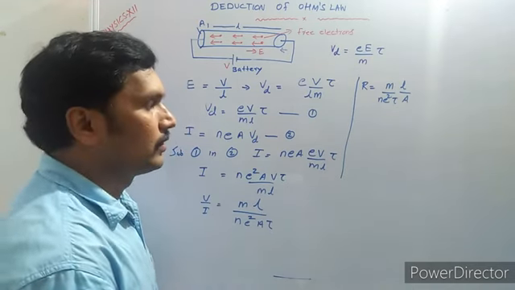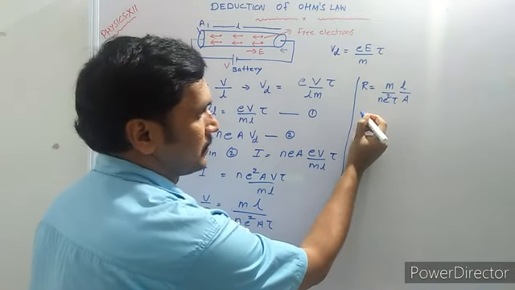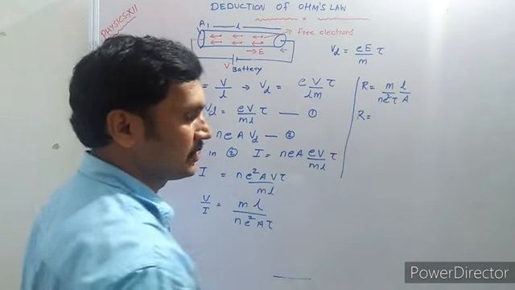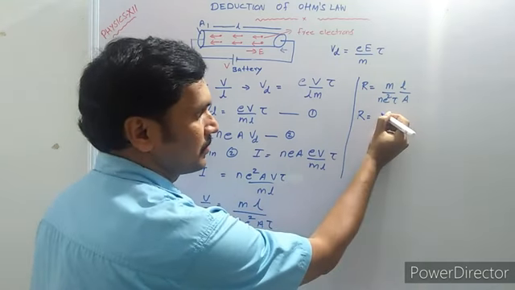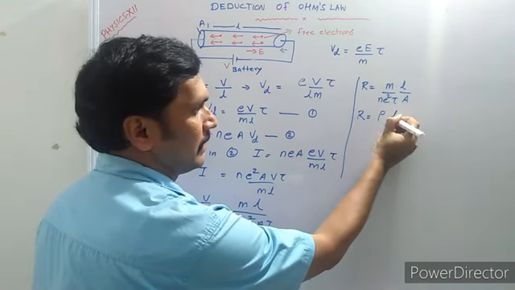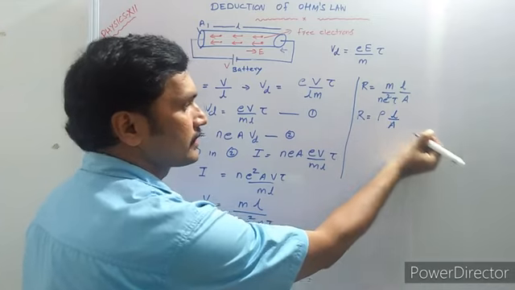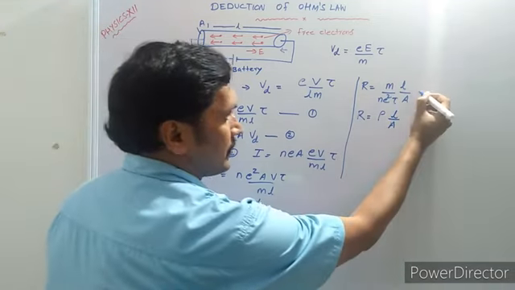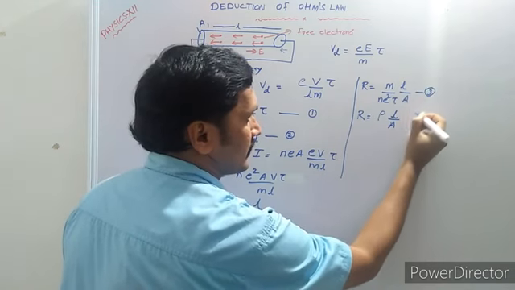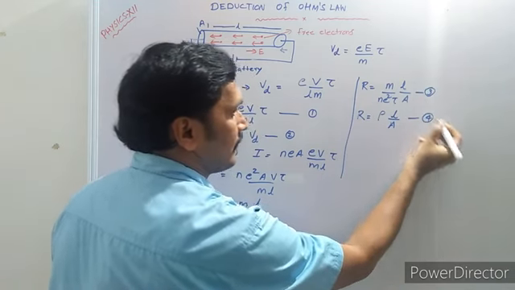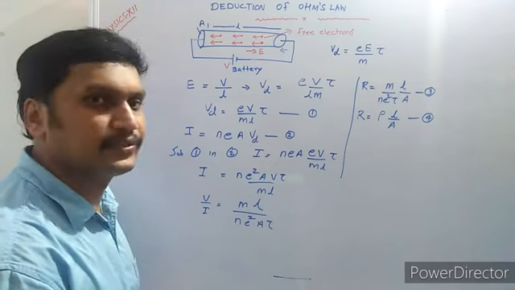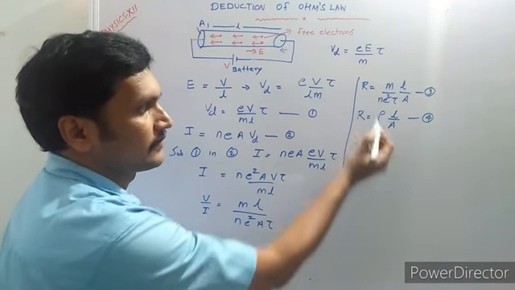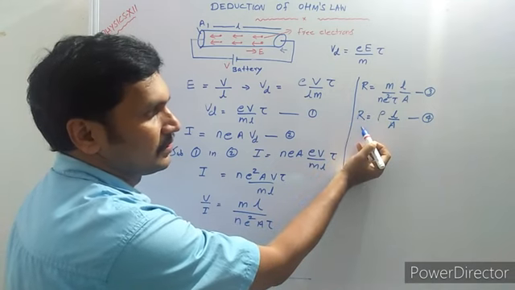Now we already know the equation for the resistance of a conductor. The resistance of a conductor is usually written as R is equal to rho into L by A. So this is equation 3 and this is equation 4. Now compare equations 3 and 4. On the left side, both are resistance.